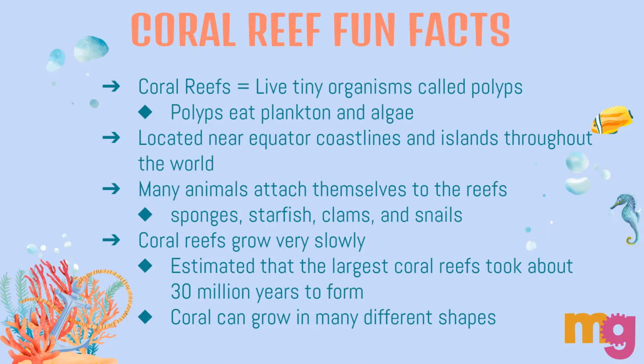Many animals attach themselves to the reefs, including sponges, starfish, clams, and snails. Coral reefs grow very slowly. It's estimated that the largest coral reefs took about 30 million years to form. Coral can grow in many different shapes as well.